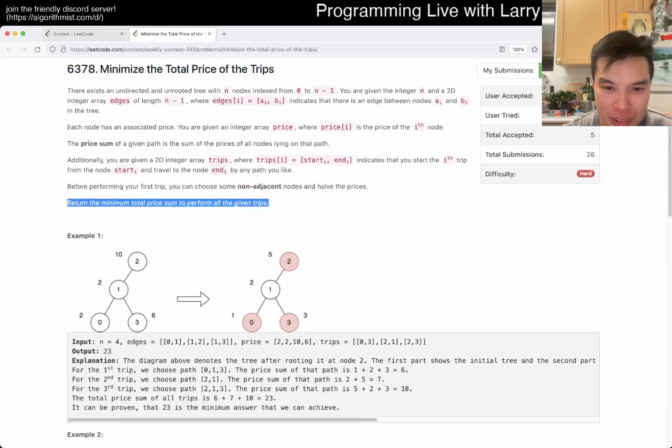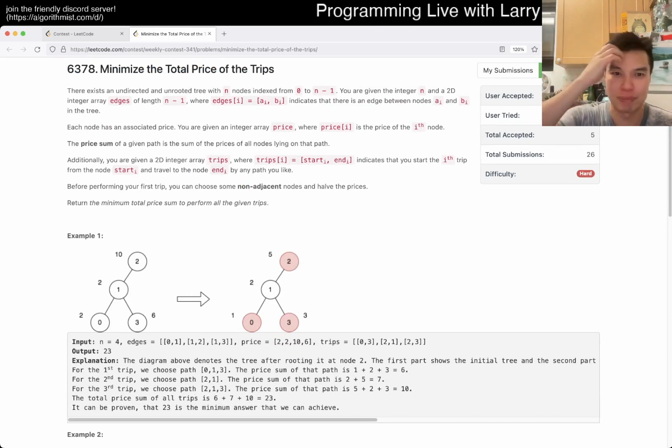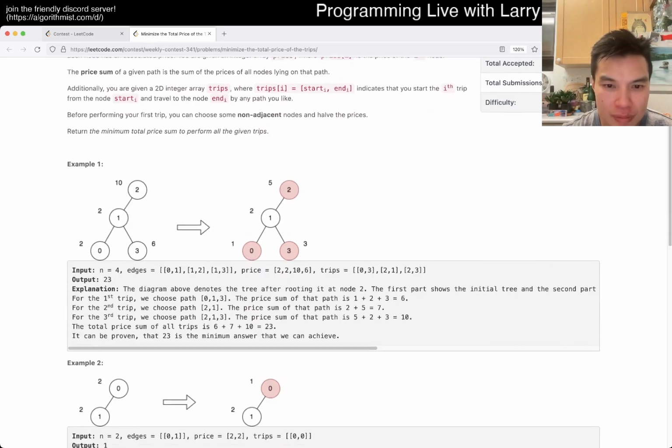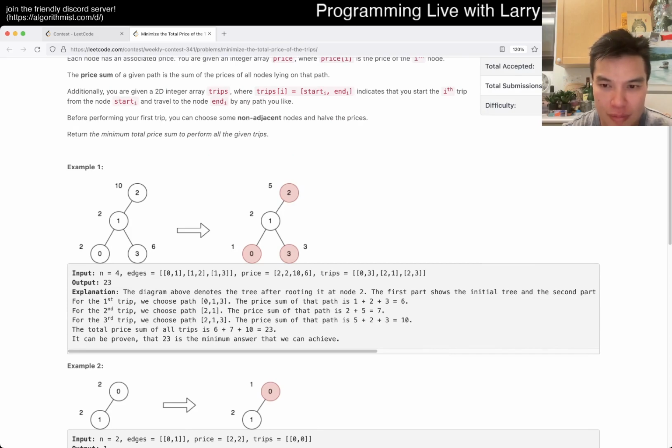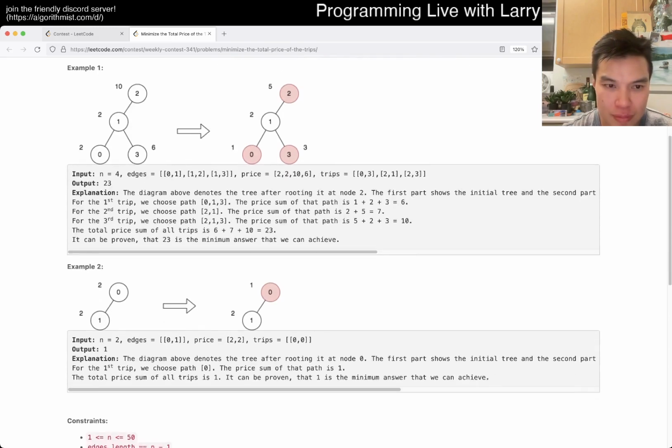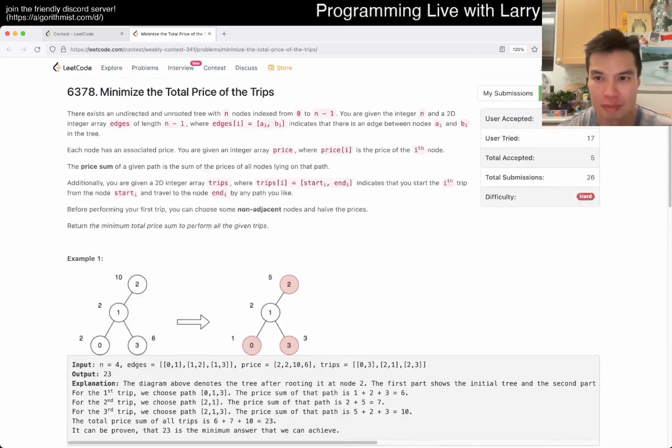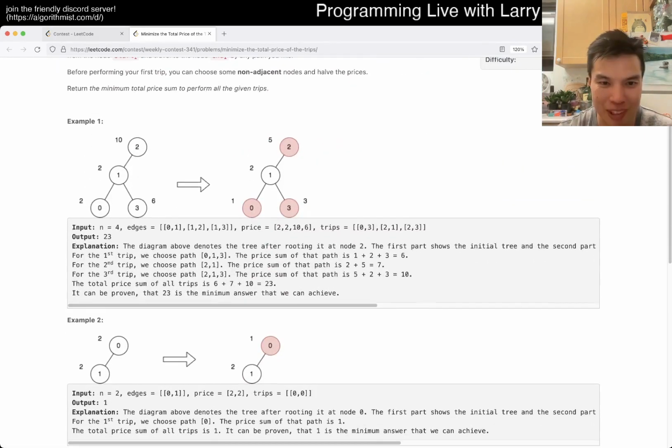Okay, so you have these trips, and you could have the price of nodes. Five people got this already? 12 people got this already?